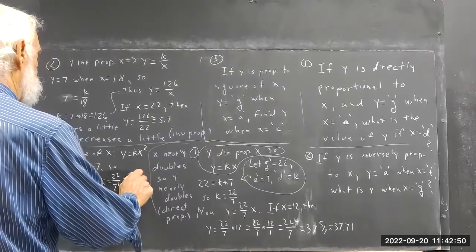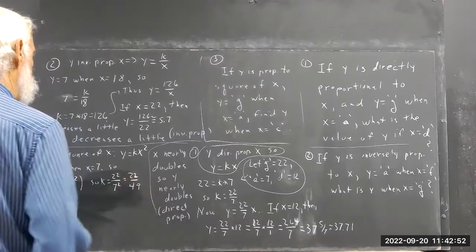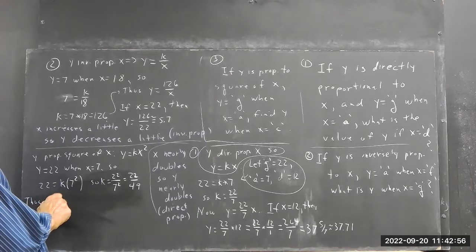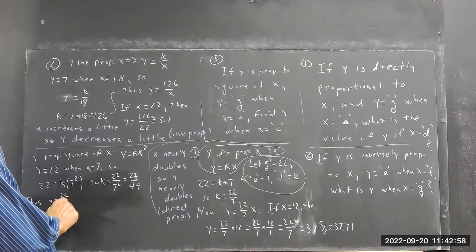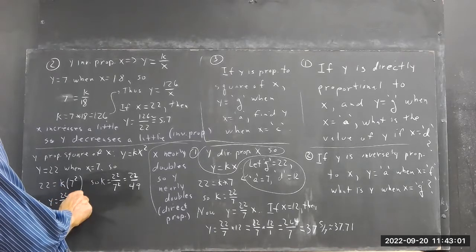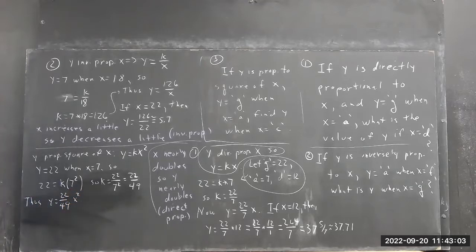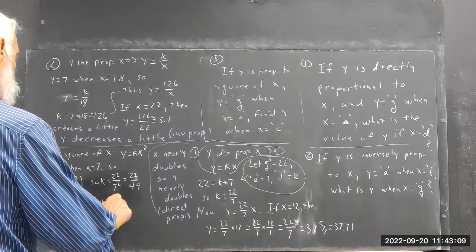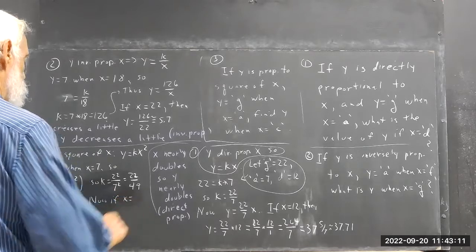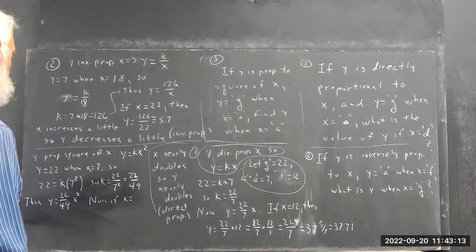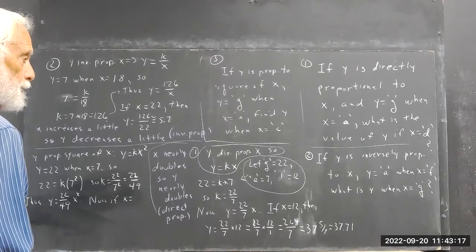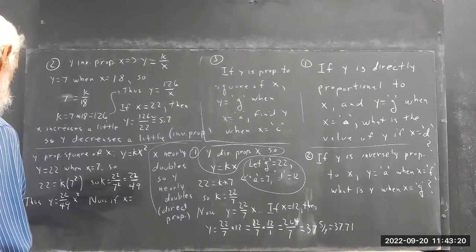So k is 22 over 49. So y equals 22/49 of x squared. Now, if x equals, what did I say? Let's see, what did I do before?